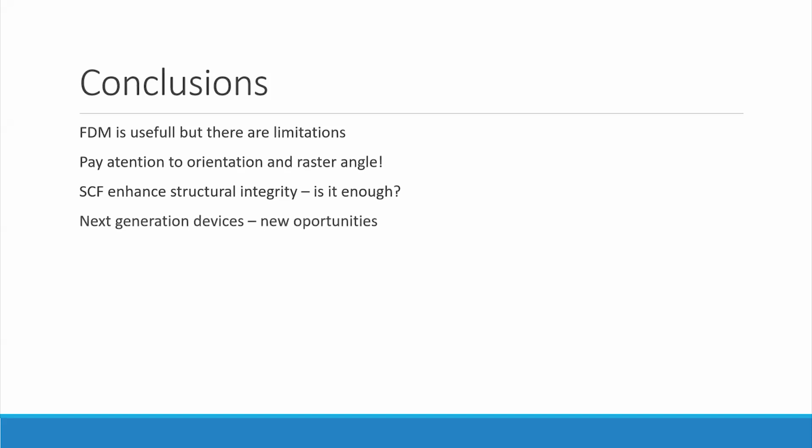So next generation devices with continuous carbon fibers will lead to new opportunities for application in advanced industries. Future research is to repeat all the process presented in this presentation and do that at different temperatures, from cold to cryogenic environment.